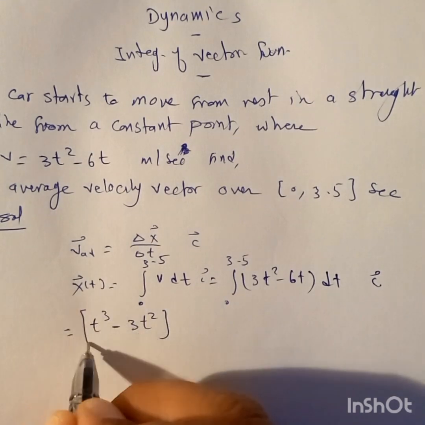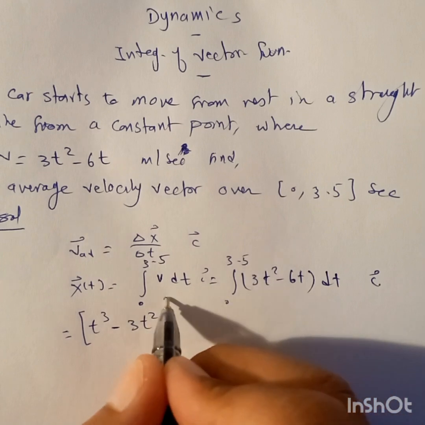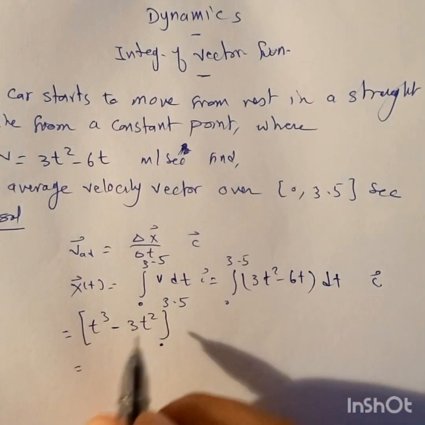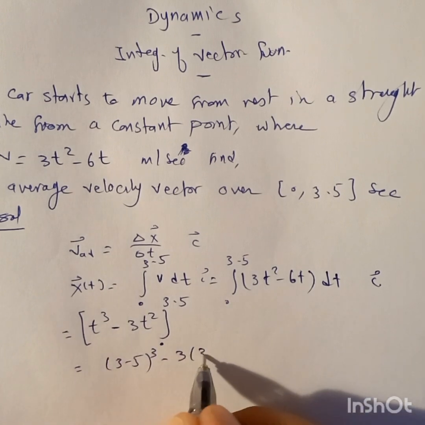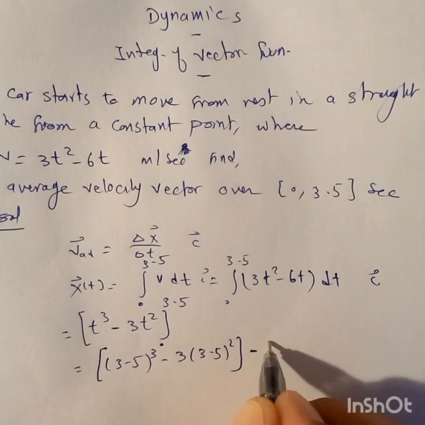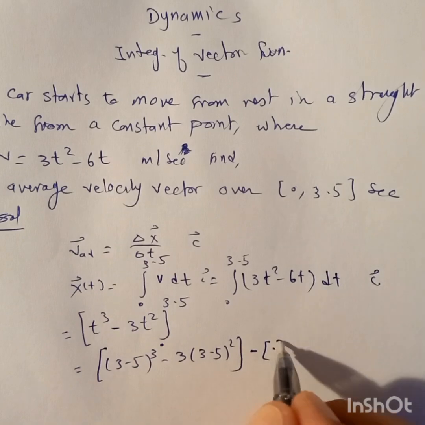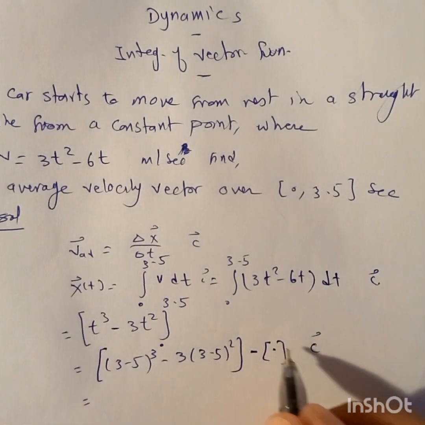We apply the limits of this definite integration from 0 to 3.5. First substitute 3.5: 3.5 to the power 3 minus 3 times 3.5 squared is the first bracket, minus the bracket when we substitute t equals 0, which equals 0. This is in the direction of c, of course.